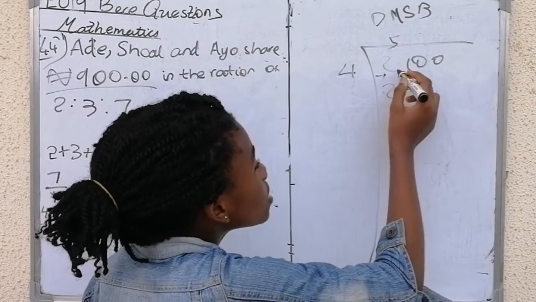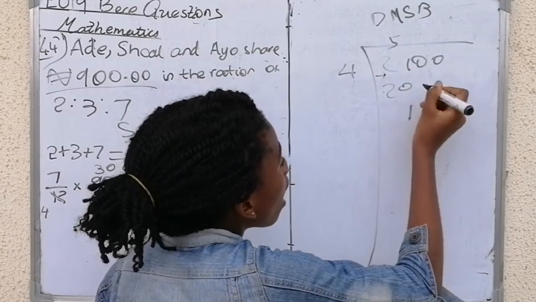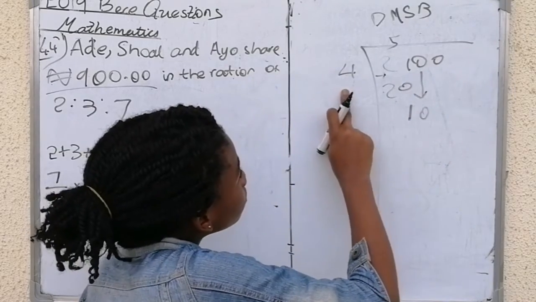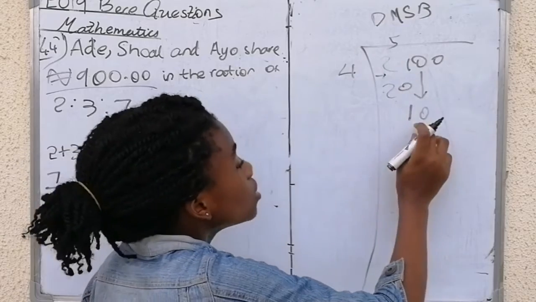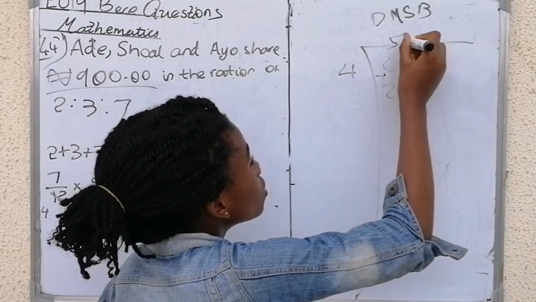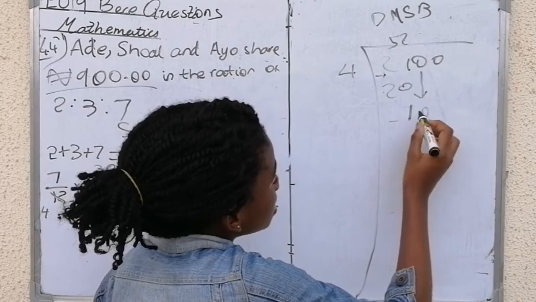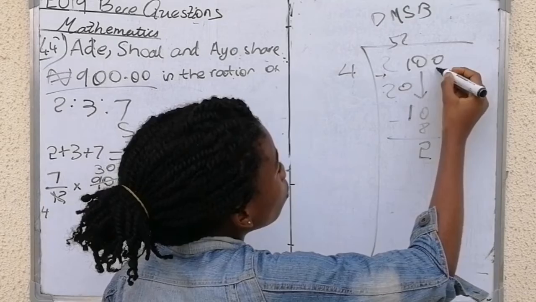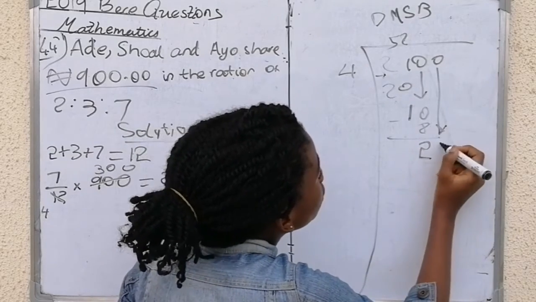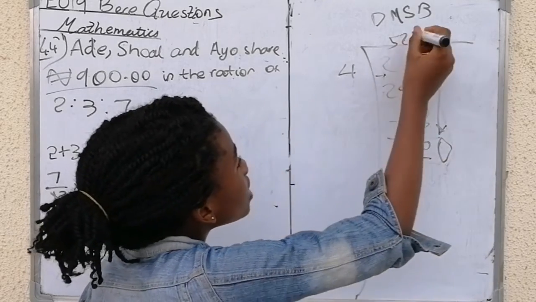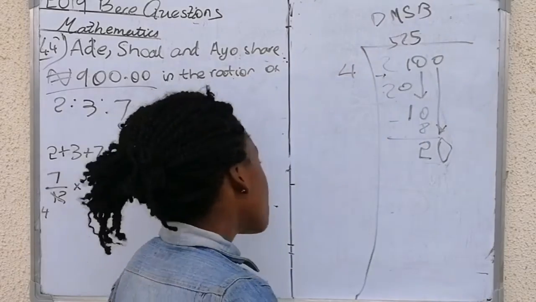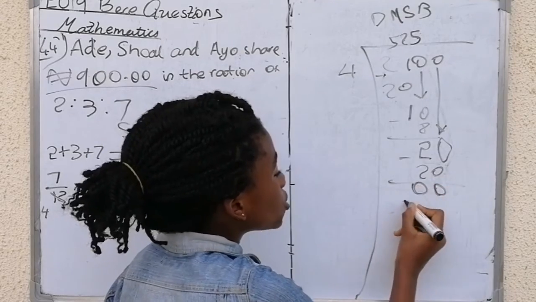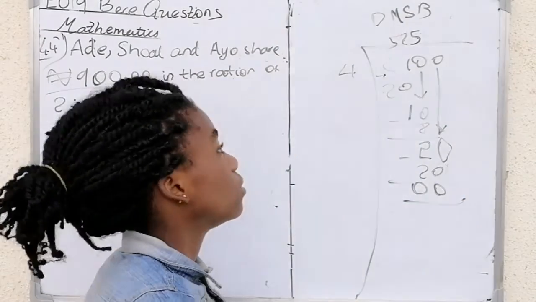Then we subtract. 21 minus 20 is 1, and we bring down 0. 10 divided by 4 is 2. 2 multiplied by 4 is 8. 10 minus 8 is 2. Then we bring down again, which is 0. And 20 divided by 4 is 5. 5 multiplied by 4 is 20. So when we reach 0, we know that we are done.